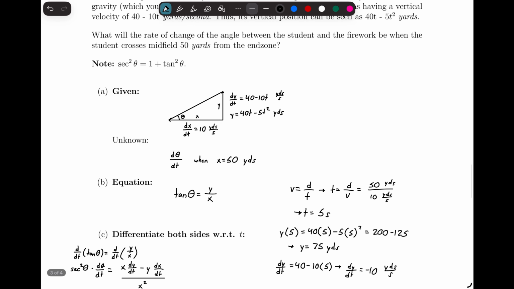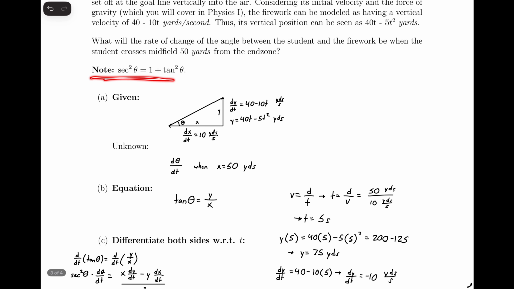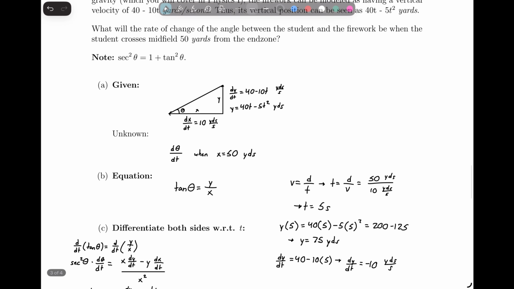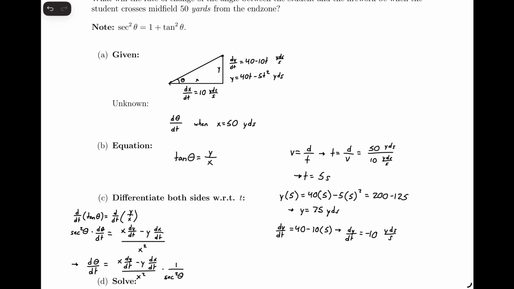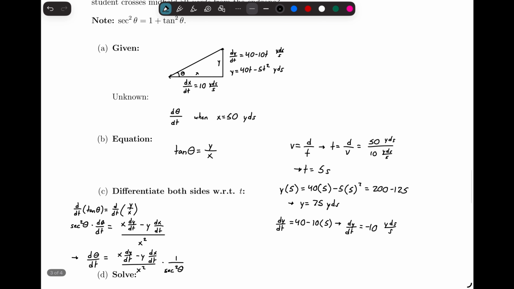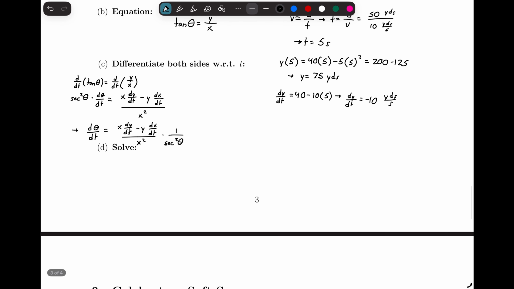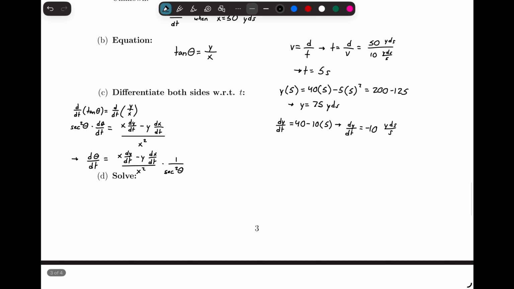So at the beginning of the problem, I noted that secant squared theta equals 1 plus tangent squared theta. You don't technically need this for the problem. I think you could end up using the Pythagorean theorem to evaluate this third side here, the hypotenuse, but we're already doing a lot of grunt work in the process, so I thought I'd make it a little bit easier and save you that trouble.